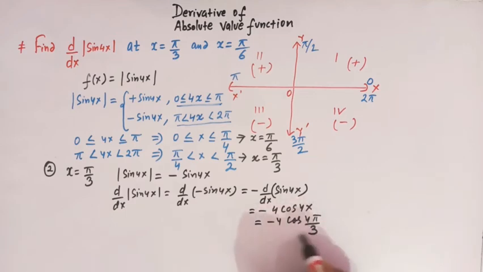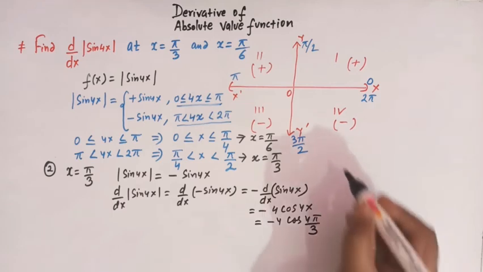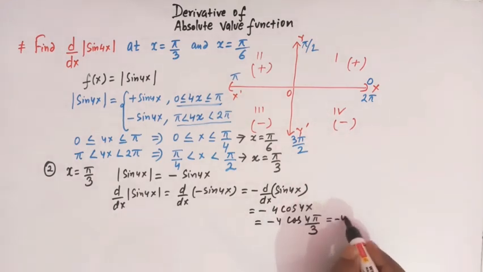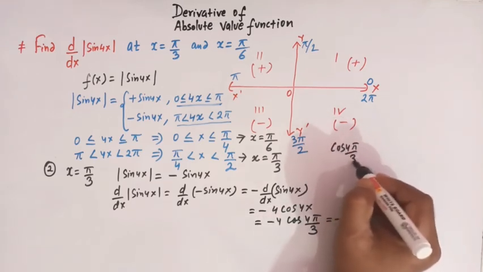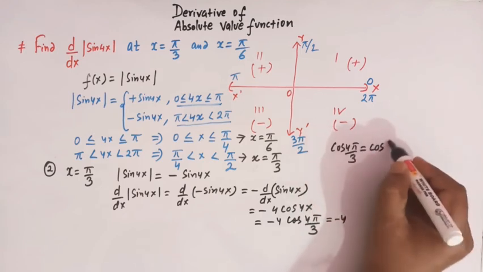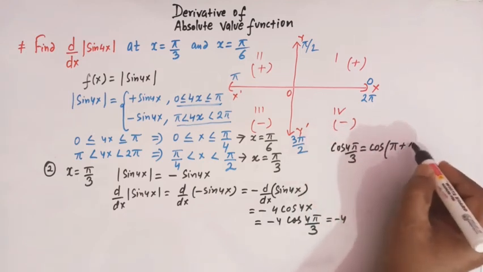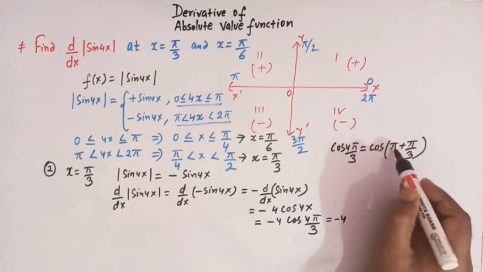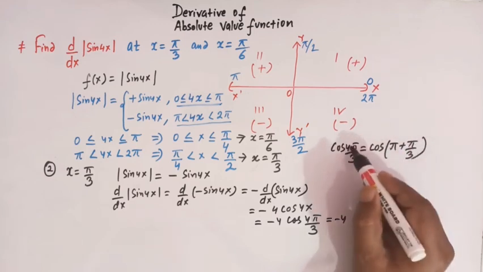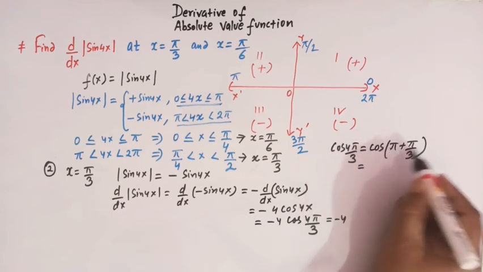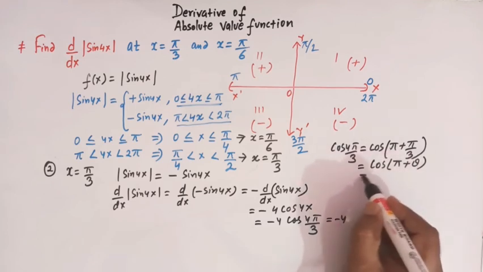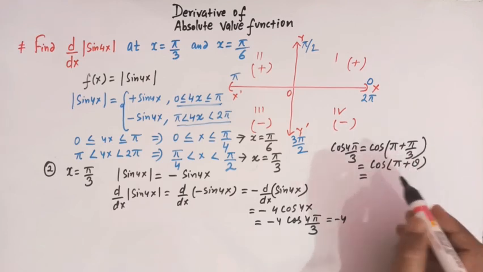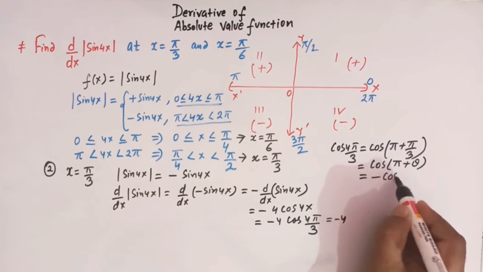Now we have to find the value of cos 4 pi by 3. We can write cos 4 pi by 3 as cos of pi plus pi by 3, because pi plus pi by 3 is again 4 pi by 3. Now this takes the form cos of pi plus theta, and cos of pi plus theta is minus cos theta.